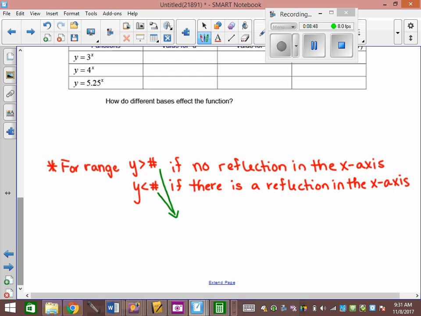So your asymptote is basically at your vertical translation. If there is no vertical translation, your asymptote is at 0 because there's a vertical translation of 0. If your vertical translation is up 7, then your asymptote's at 7. And this is your horizontal asymptote. So basically, it's your vertical translation. So that's where that number comes from. Your asymptote is just your vertical translation.